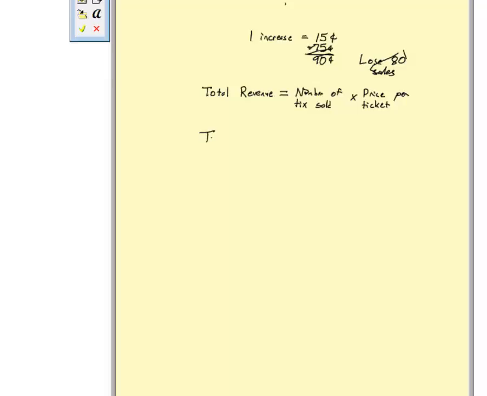If we start raising the price, this is going to change a little bit. For starters, we have 3,000 tickets sold, but we're going to lose 80 ticket sales for each N. That is to say, we're going to let N be the number of price increases.